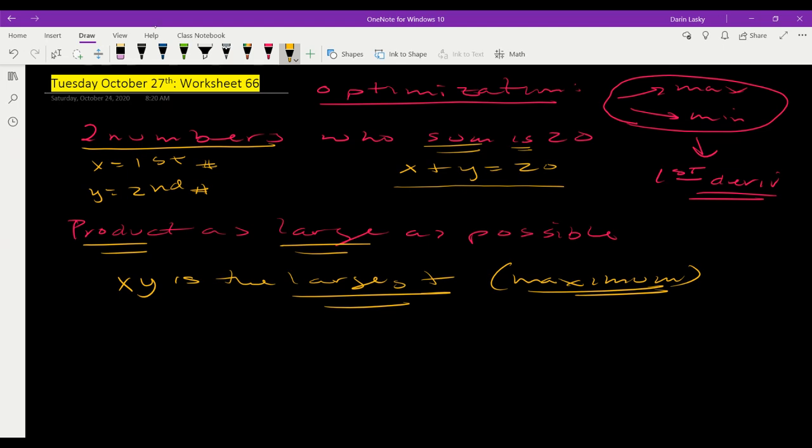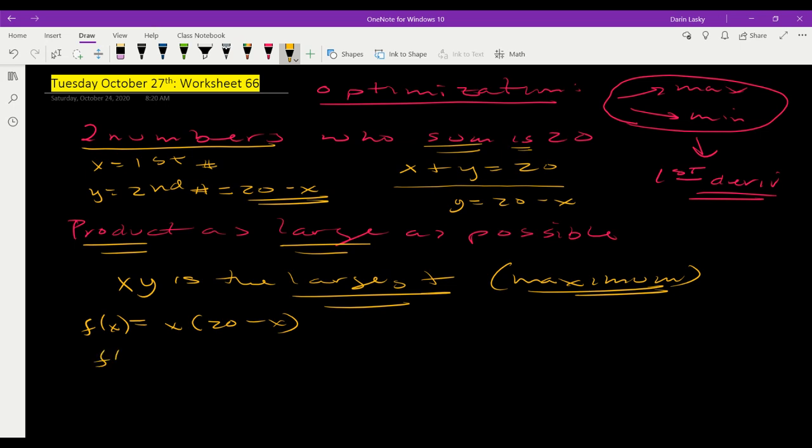Right now we have an equation of xy, but if we look up here and I solve for y, I get y equals 20 minus x. Isn't y also equal to 20 minus x? Well, if y is equal to 20 minus x, then f of x is equal to x times 20 minus x.